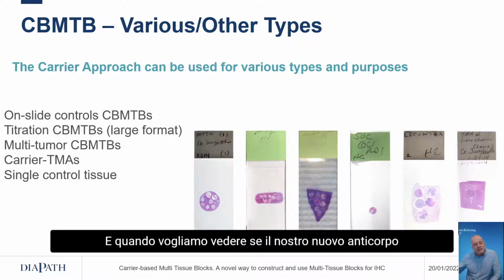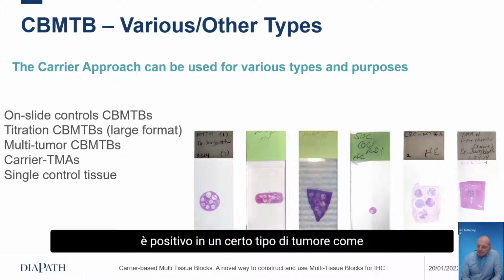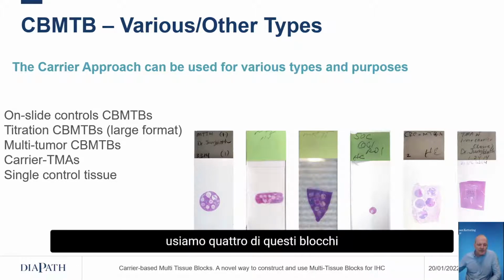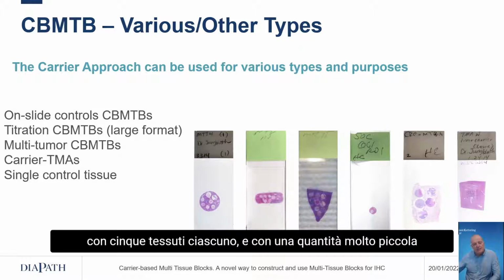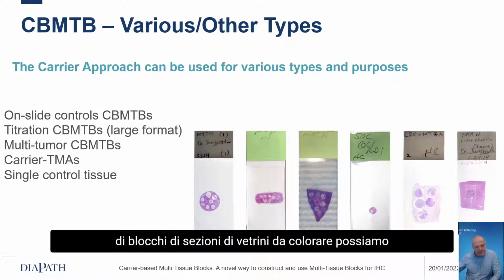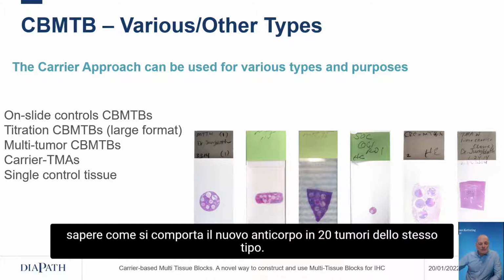When we want to see if our newly established antibody is positive in a certain type of tumor, like colorectal tumor, and we want to test 20 colorectal cancers, we use 4 of these blocks with 5 tissues each, and have a very small number of blocks to section and slides to stain, and still know what the new antibody does in 20 tissues.